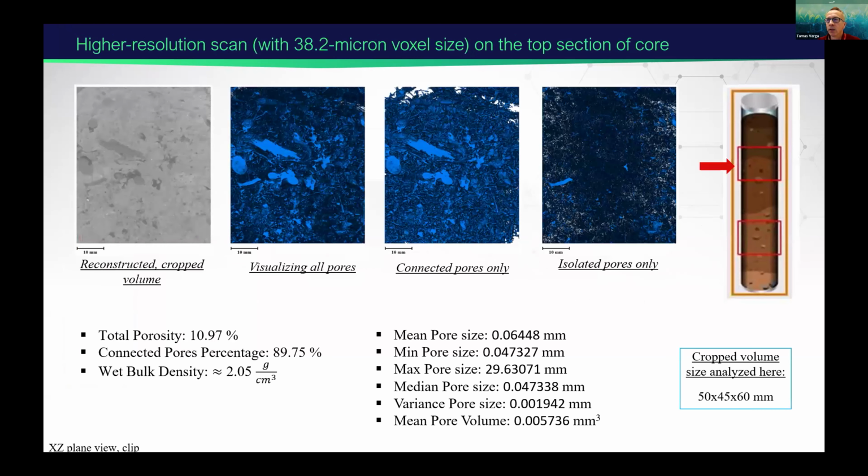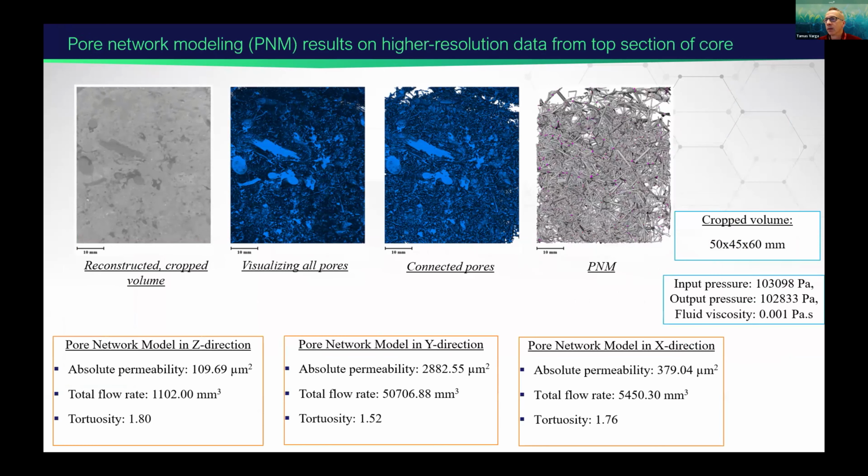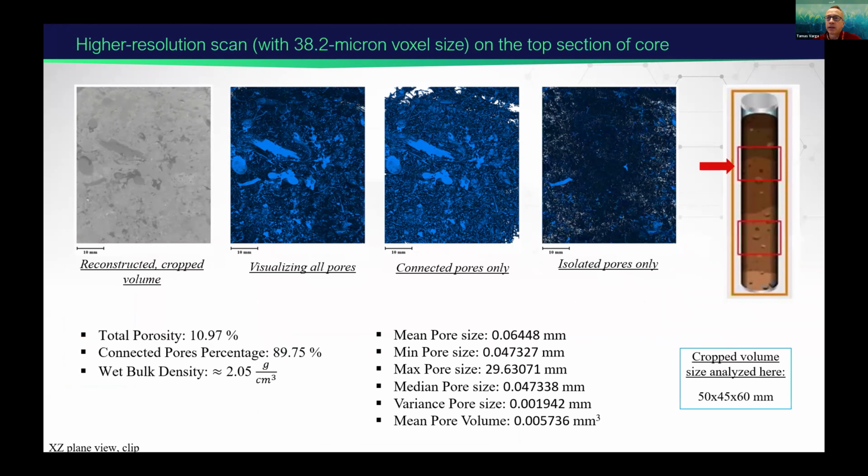So for that we collect 2 more scans as shown on the right, top and bottom, basically halves, and that's where we do this full analysis of the total porosity, pore connectivity, pore network, and create these numerical values of the pore sizes and the distribution.